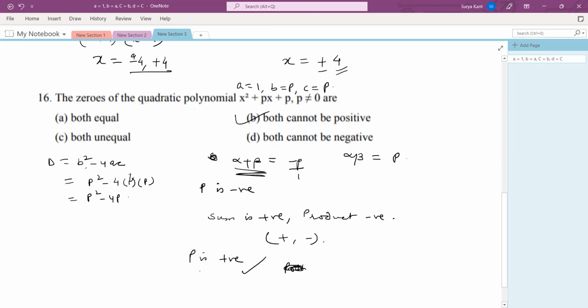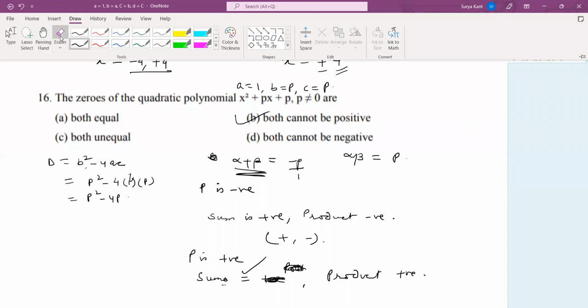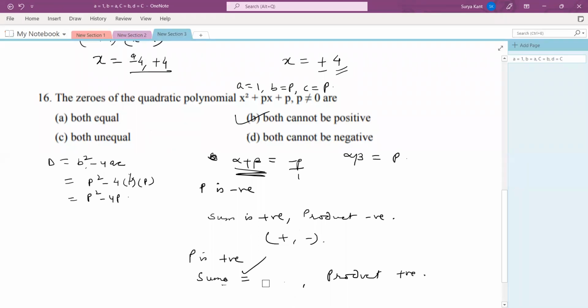If you see p is positive, means sum should be what? Sum will come negative, right? If p is positive, the sum will come negative, and the product is positive. Opposite only.